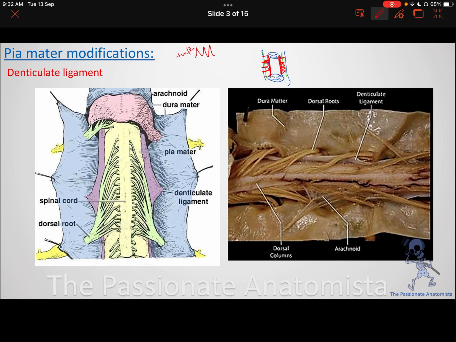That way, I can make sure that my spinal cord is fixed in the vertebral canal. You can see here the pia mater and how the denticulate ligament fixes the spinal cord in the dura, and the dura is already attached to the bony structures around it in the vertebral column.